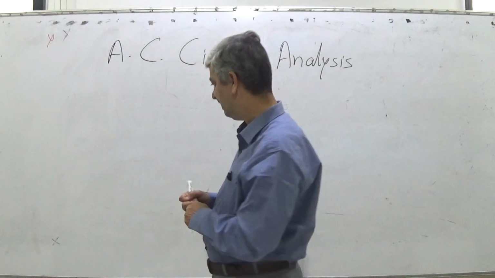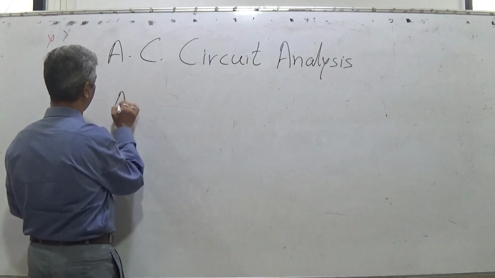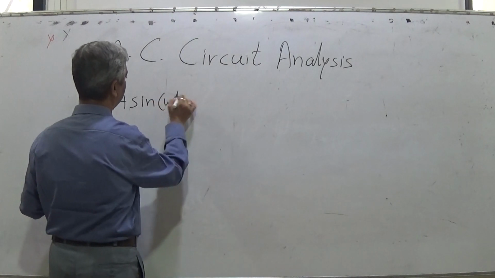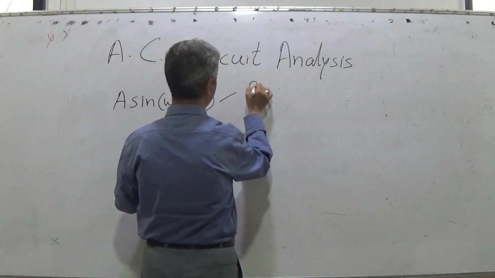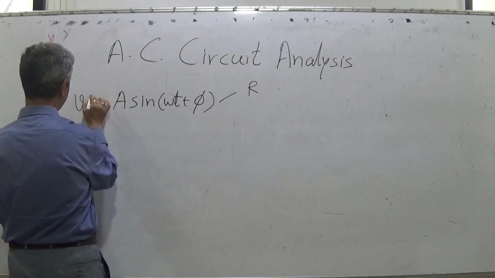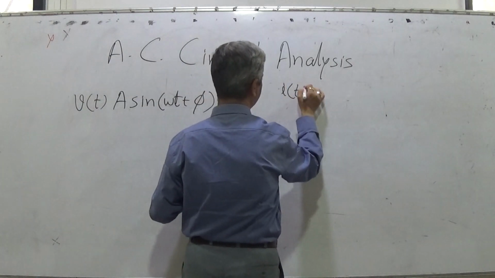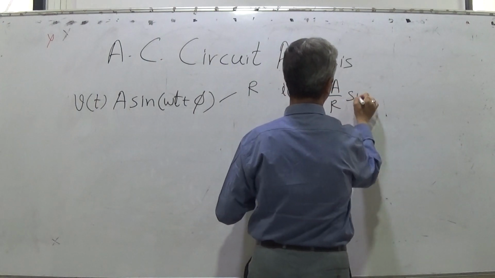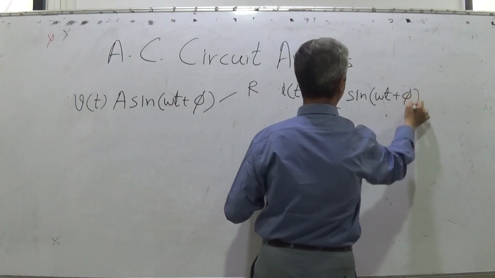So I am again telling the same thing in different language. If I apply A sine omega t plus phi as input to a resistance R, this is voltage V(t), and for resistor R, I(t) is A upon R sine of omega t plus phi.